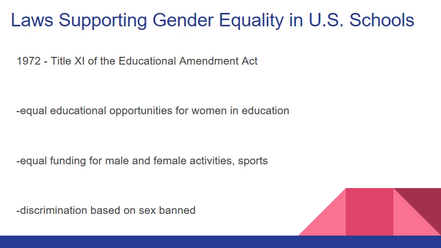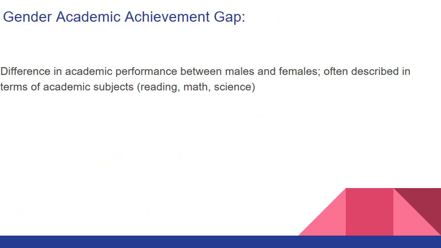There would be equal educational opportunities for women in education, and there would be equal funding for male and female activities, including sports. Thus, schools had to have the same number of male sports to female sports, and they also had to provide the same amount of funding to both male sports and female sports.